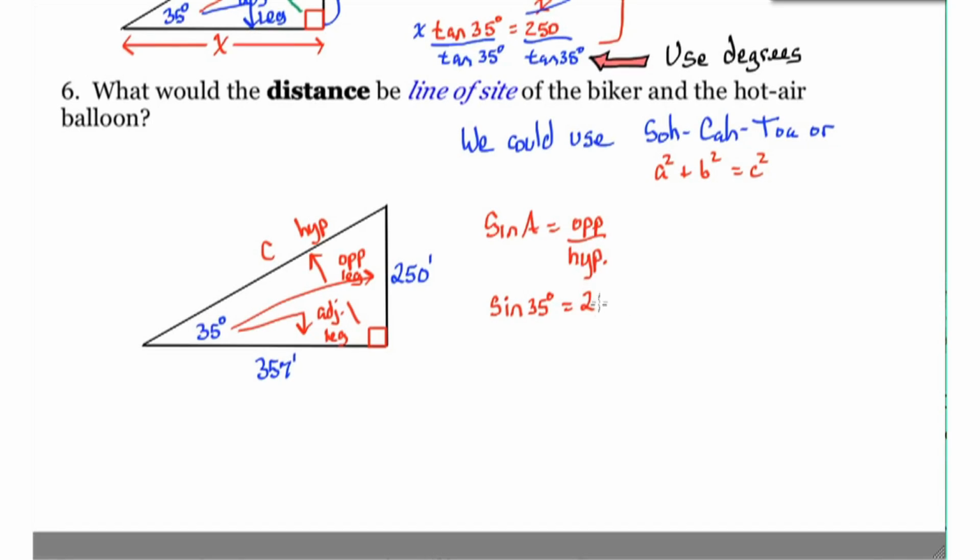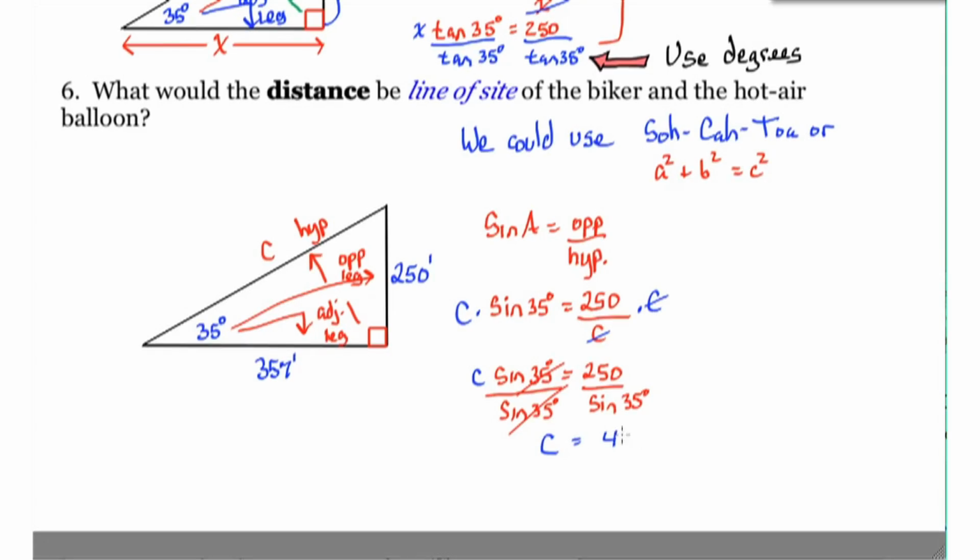So that will be sine 35 degrees equals 250 over c. We can multiply c to both sides to get it in the numerator. And then now we need to undo multiply sine 35 by dividing it to both sides. Make sure you're in degrees. And we get c equals 435.9 feet.